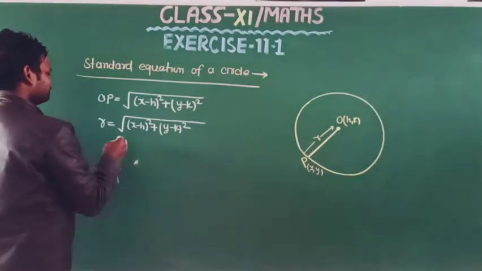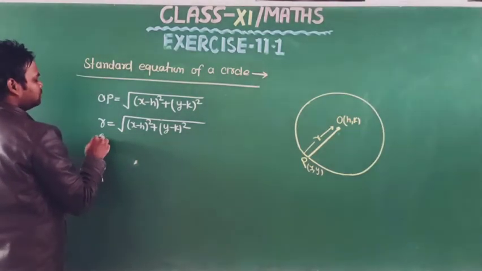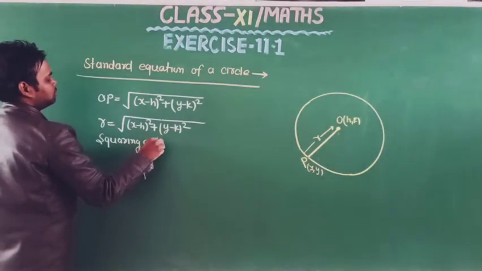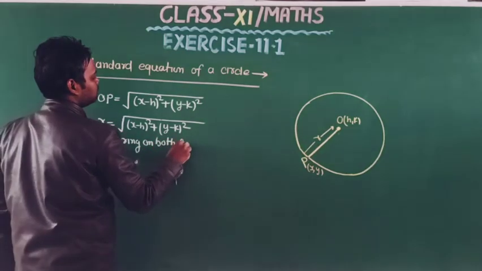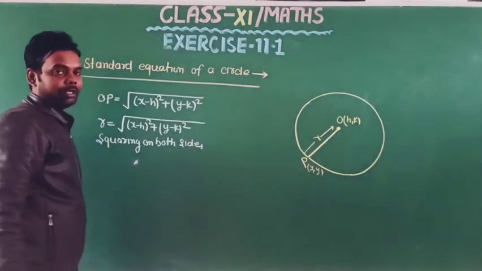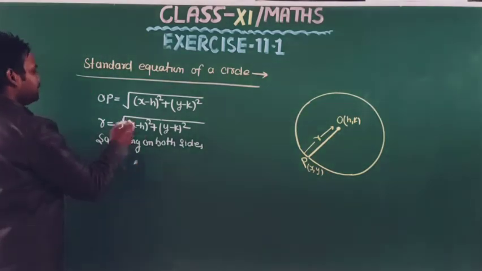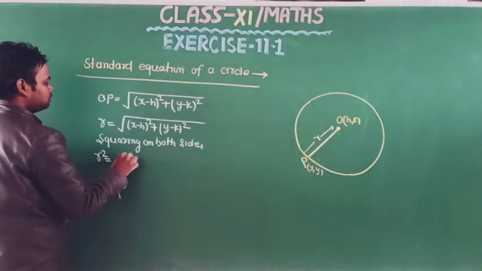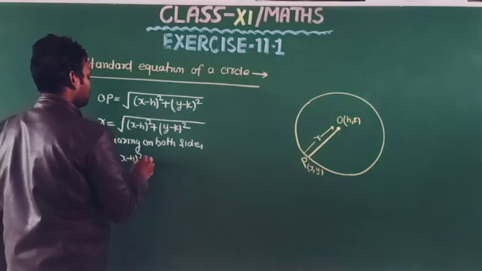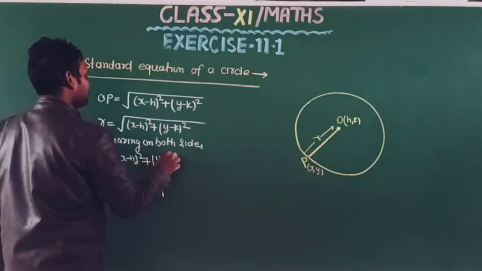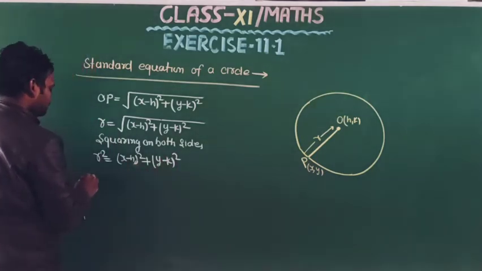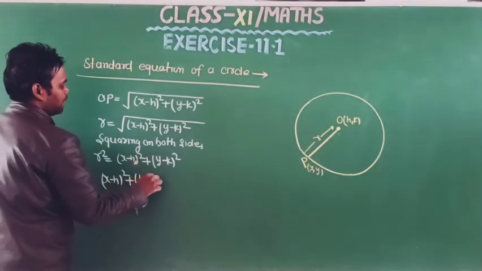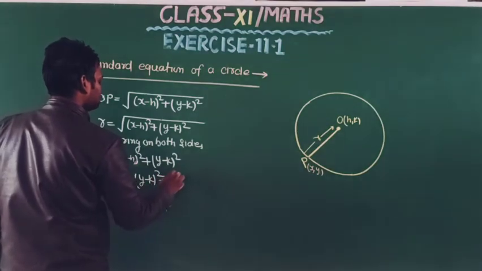Now squaring on both sides, we will get r square equal to x minus h whole square plus y minus k whole square, and this can be written as x minus h whole square plus y minus k whole square equal to r square.